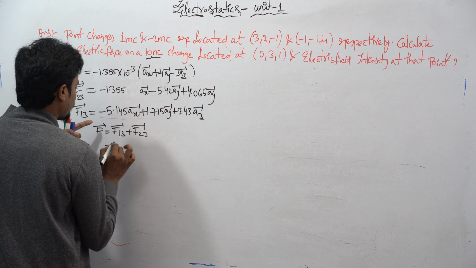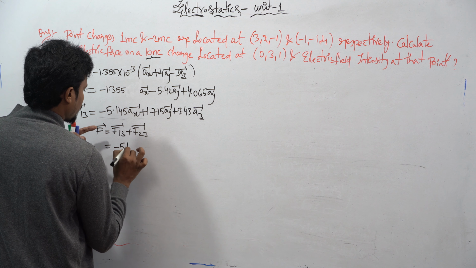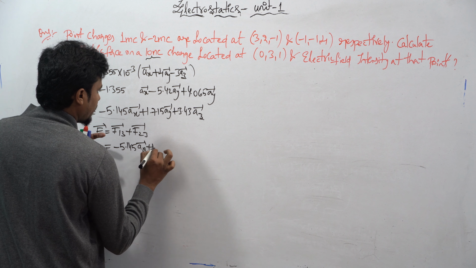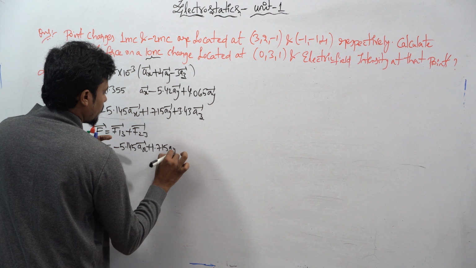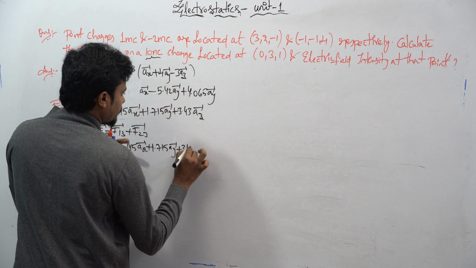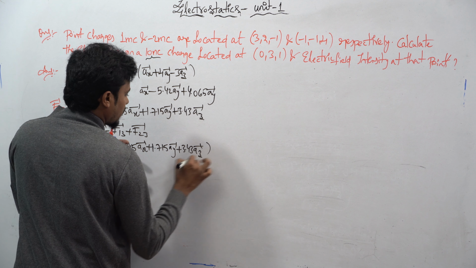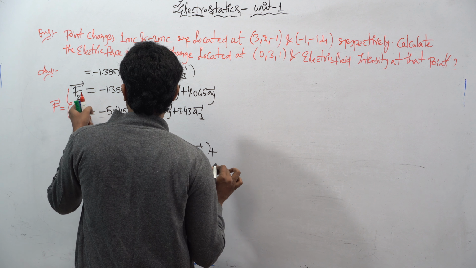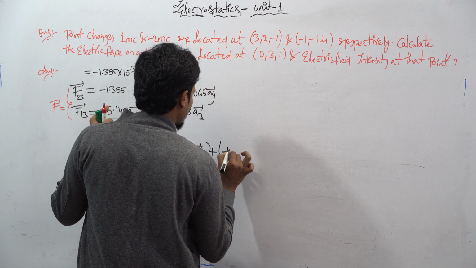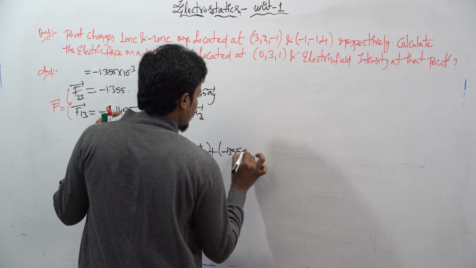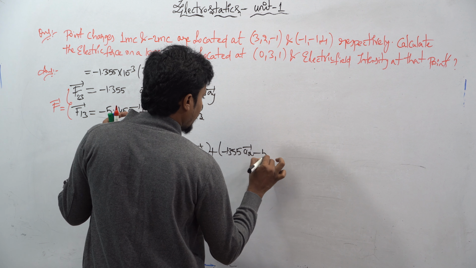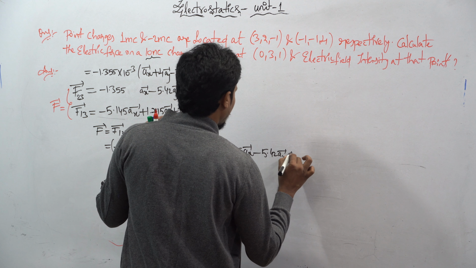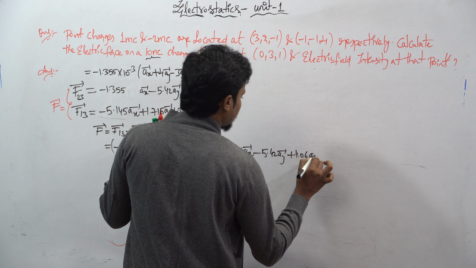So what will be my F13 bar? That is minus 5.145 ax bar plus 1.715 ay bar plus 3.43 az bar. Plus, what will be my F23? That is minus 1.355 ax bar minus 5.42 ay bar plus 4.06 az bar.